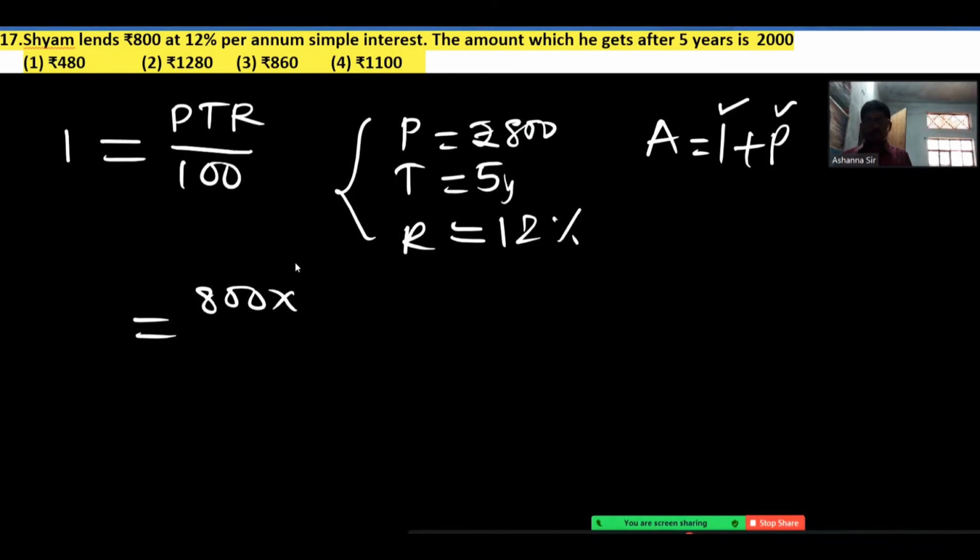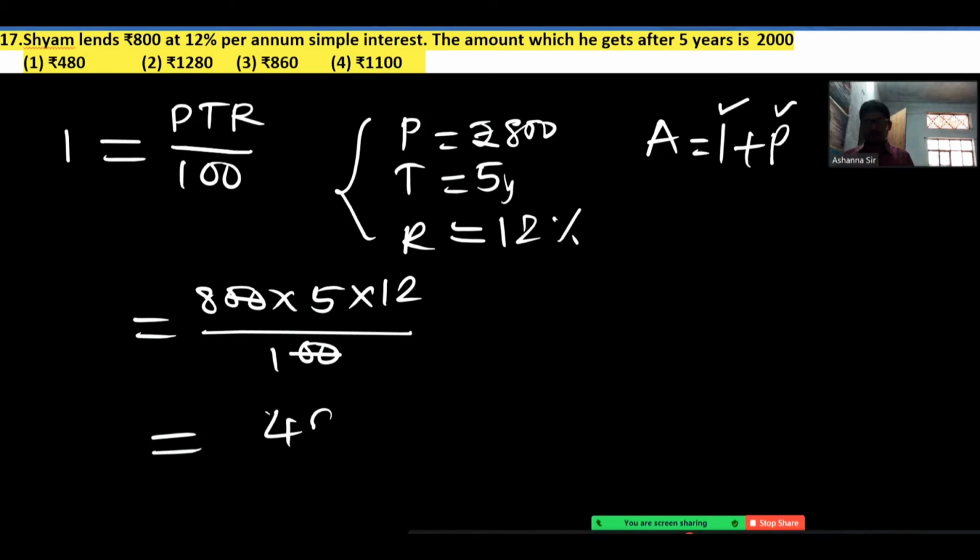We substitute these values in this formula: 800, 5, 12 by 100, 2 zeros. 8 fives are 40, 12 fives are 60, 6 eights are 48, so 480 rupees. 480 rupees is the interest, but here we have to find the amount, so that's why we have to add the principal 800.